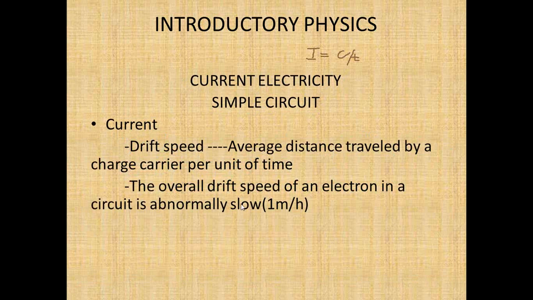The overall drift speed for an electron in a circuit is about 1 meter per hour. Think about it: every hour, the distance the electron travels is just 1 meter.